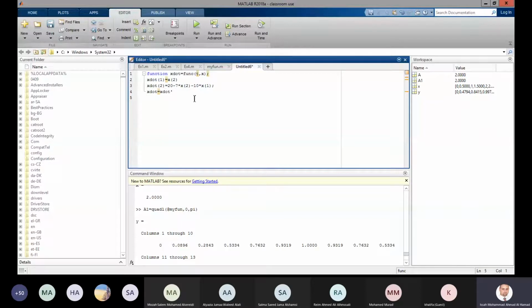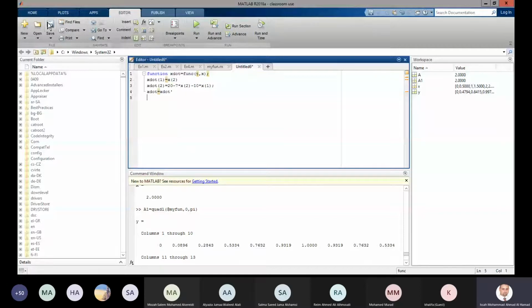So what we have written here is what we just did on the whiteboard. We defined x dot 1 equals x2 and x dot 2 equals the differential equation to the right. We just played with the variable names to be as per the state variable form.